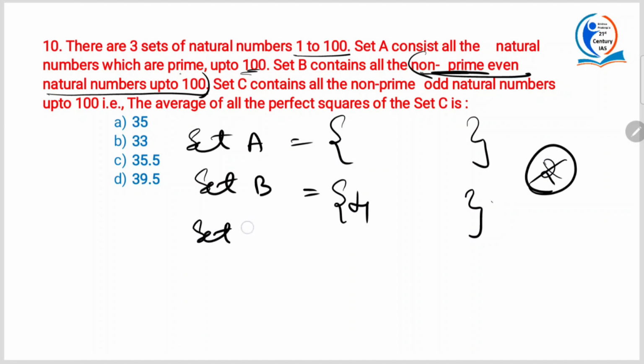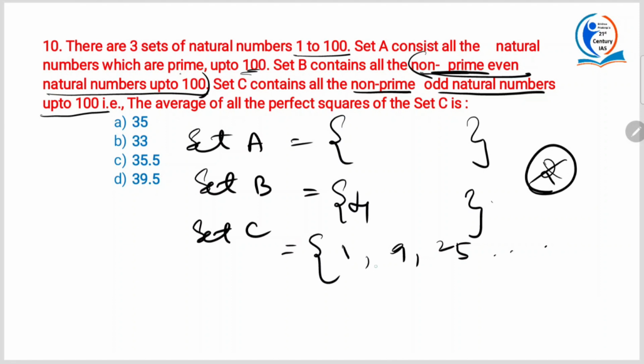Okay. Now, set C contains all non-prime odd natural numbers up to 100. So, it will have what? It will have all the squares of odd numbers, that is 1, 9, 25, okay, and so on.